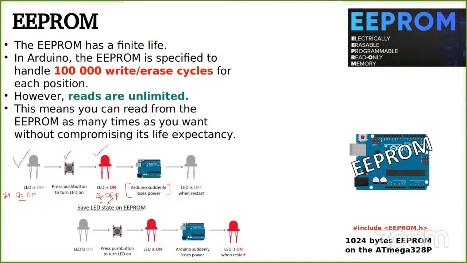SRAM, RAM, very good, superb. So what happens when the Arduino loses power supply? What happens to the value of this A? It is deleted. It is lost. Yeah, it is deleted. Superb. So when you restart your Arduino, what happens? Your A is again on, or A is again, मैंने उल्टा लिखा है, I think, sorry.